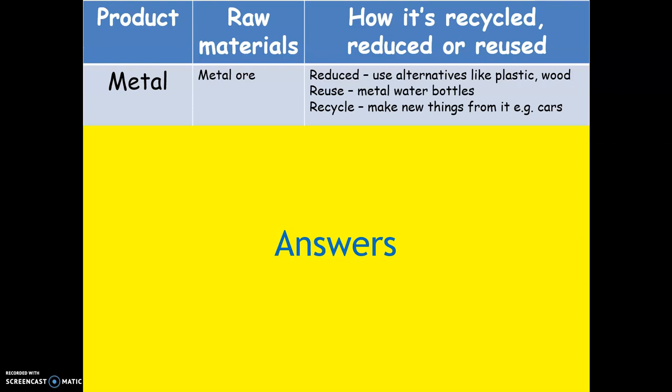How it's recycled: it makes new things from it, such as recycling metal from cars. Reusing it: metal water bottles, so using it again and again and again. And reducing it: using alternatives like plastic and wood. So what I'm going to do is have you go at the remaining products, adding in the first example here. I will give you 5 minutes for that. So pause the recording for 5 minutes and complete the rest of the table from your own knowledge. 5 minutes, go.